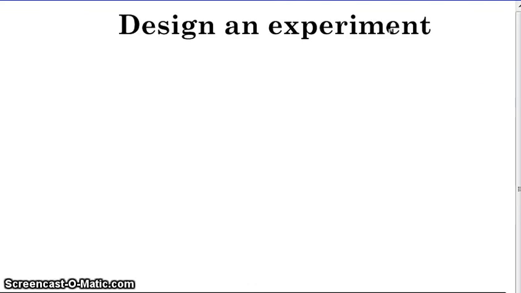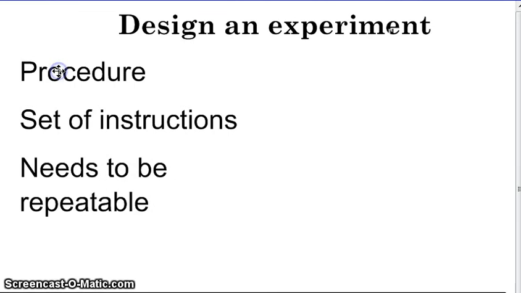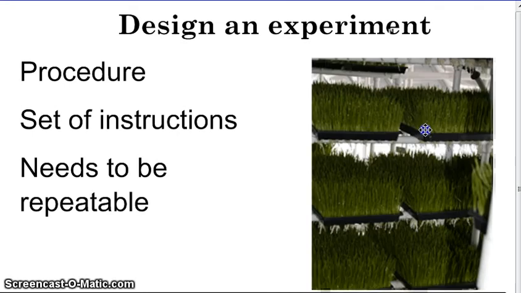Then you design an experiment. An experiment is a procedure, a set of instructions, and it must be repeatable so that other scientists can repeat your research and confirm the results that you end up getting.